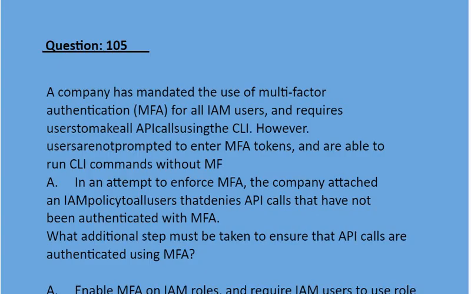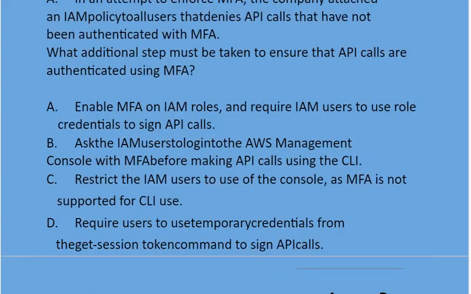In an attempt to enforce MFA, the company attached an IAM policy to all users that denies API calls that have not been authenticated with MFA. Which additional steps must be taken to ensure that API calls are authenticated using MFA?